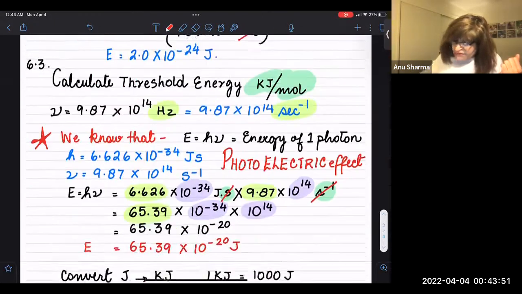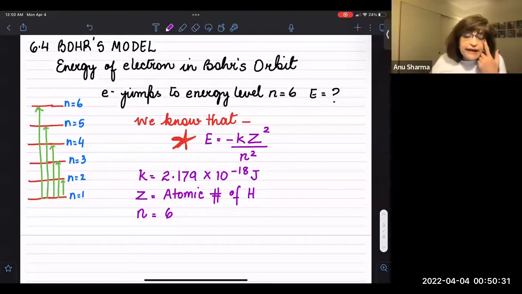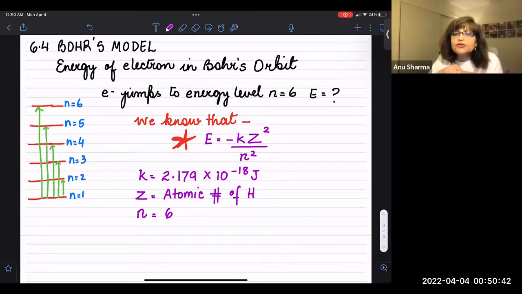Okay, let's look at the next problem. The next problem in 6.4 is related to Bohr's model. So here we are calculating the energy of the electron in the orbit. When the electron jumps from a lower energy level to a higher energy level, it absorbs energy, and that energy we are going to calculate as shown by the formula E is equal to negative K Z square over N square.